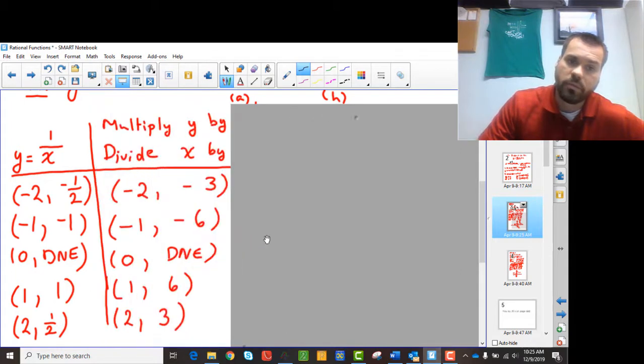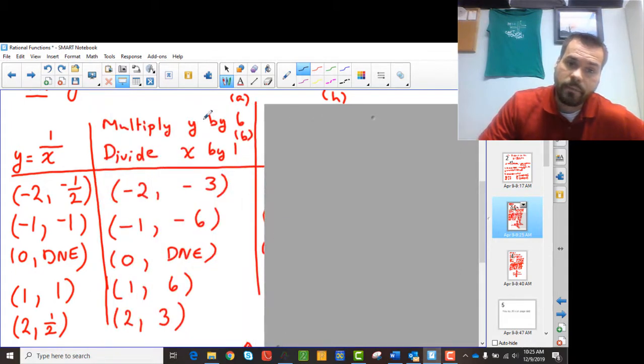And then what I do is I multiply y by a, and I divide x by b. So the x values, because they're getting divided by 1, are going to stay the same. And the y values are getting multiplied by 6. So -1/2 times 6 is -3. -1 times 6 is -6. This stands for does not exist. That's my vertical asymptote, right?